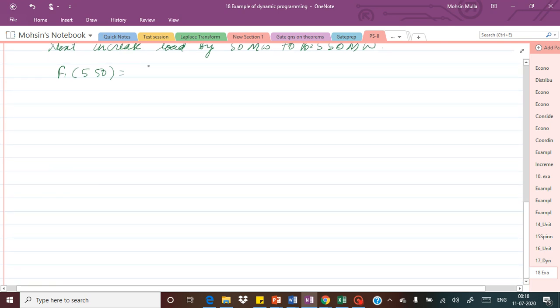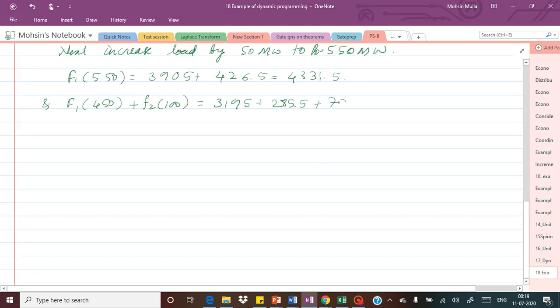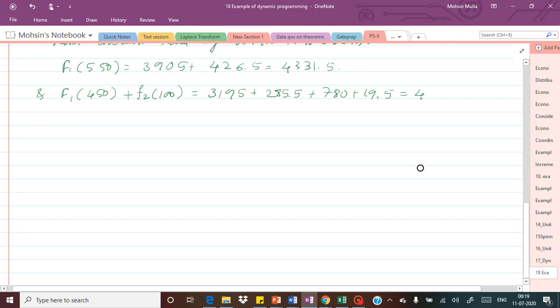When we substitute 550 in the cost equation, the first term will be 3905 and the second term will be 426.5, so the total value will be 4331.5. If we use a combination, let us reduce it by 100 and load the second unit to its minimum capacity of 100. Then the values will be plus 285.5 plus 780 plus 19.5. So this value will become 4280.